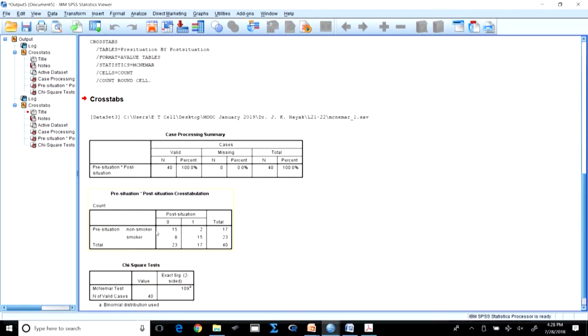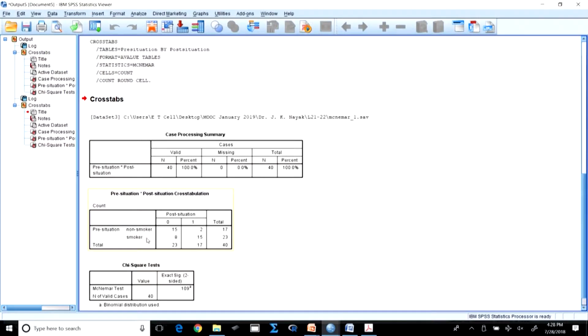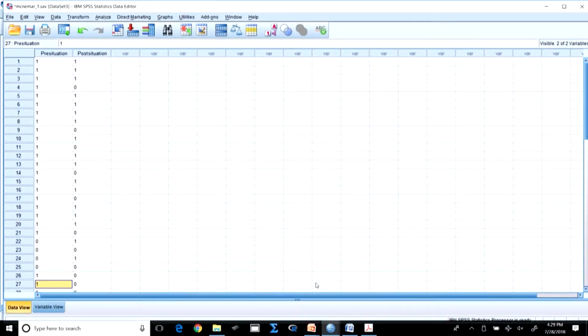So it is a very dangerous effect which has shown, and smokers who were earlier smokers and are now non-smokers is 8, and smokers who remained smokers are 15. So the significance value has become poorer. Instead of this, let us do one more thing: we will not make it this way, we will keep it 0 as it is.